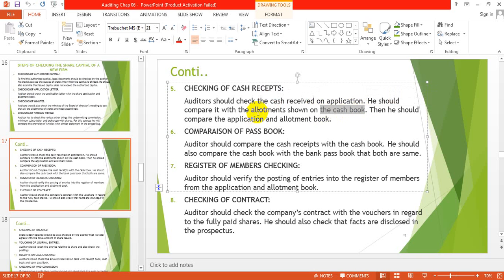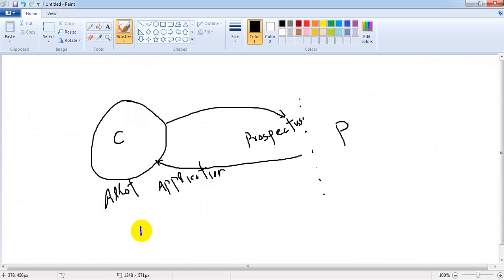For example, we allotted 100 shares to Mr. A and he paid, suppose, $50 per share. So the total money received will be 5,000.